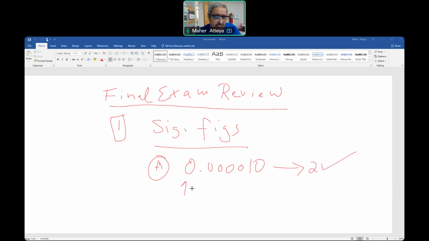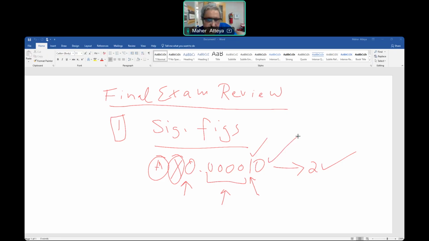These are locating zeros because they are missing the whole number here. If there is a whole number before them, they will all be significant. The whole number is always significant, and the zeros after the whole number, the last zeros, are significant if two conditions are met at the same time.